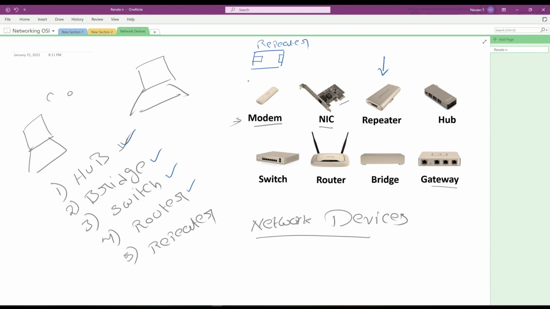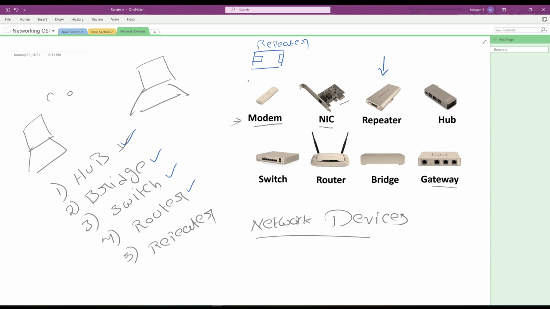The signal, the voltage you are sending from source to destination, the destination may get a weak signal. So in such a case, in the middle we put a repeater so that it will boost that signal.